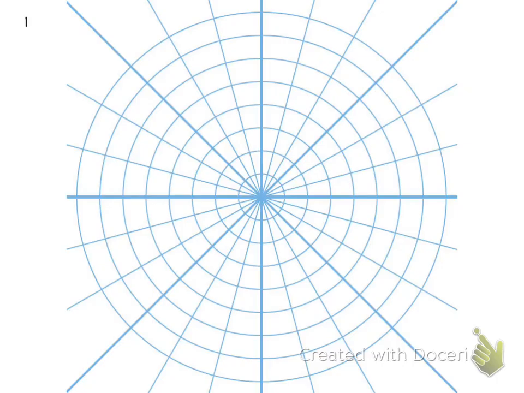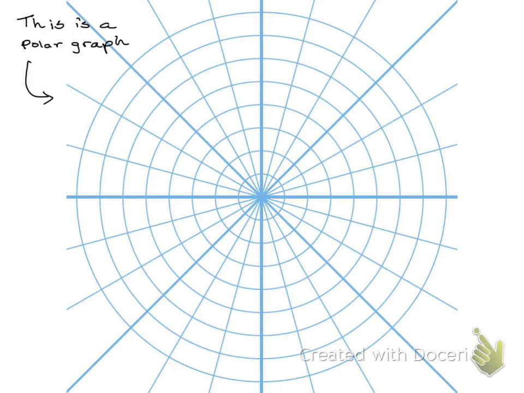What I have here is what we call a polar graph. This is what it looks like. You can buy graph paper like this. Basically, the idea is we have a bunch of intersecting lines that all intersect at the origin. We think about things moving out radially in a circular pattern, all those concentric circles there from the origin, okay?